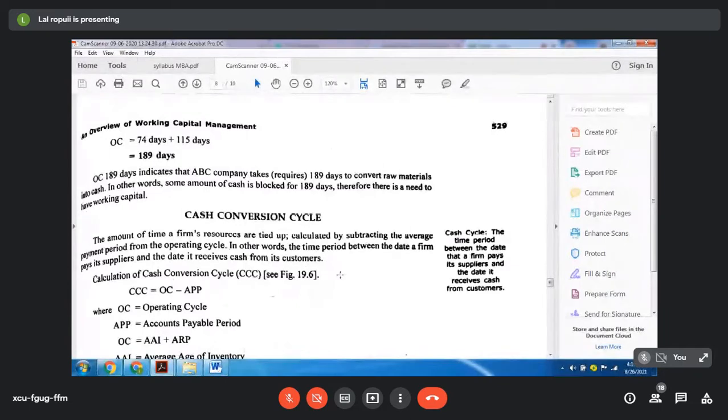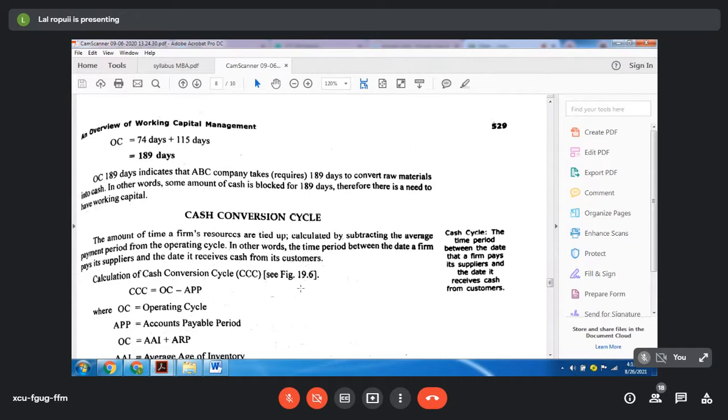Of course, we need to pay back the suppliers from whom we get our raw materials. Okay, that is the cash conversion cycle.